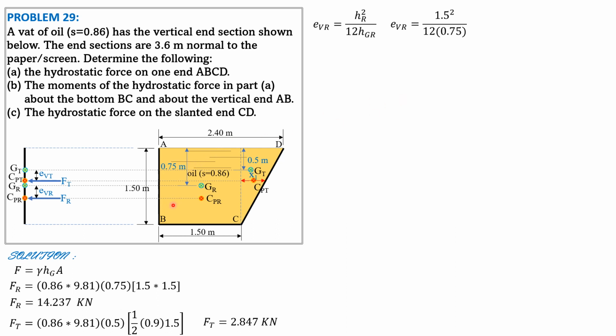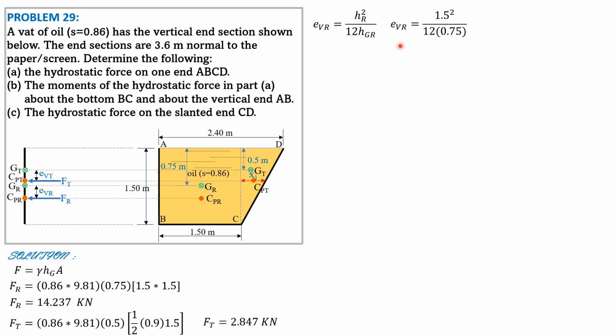Although it is anticipated that CPR is 1/3 of 1.5, or 0.5 from the bottom, because the pressure diagram on the rectangular area is triangular. So 1/3 from the bottom, and that is 1/3 of 1.5, 0.5.